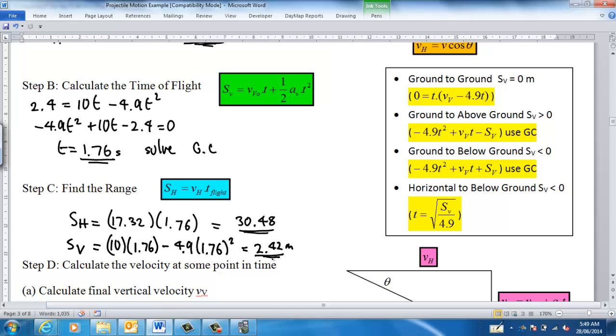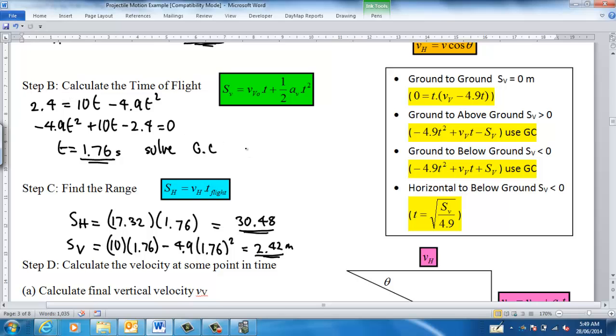So that means that the basketball, or the soccer ball, whatever you're kicking at the target, would have a chance of possibly hitting the target at that particular stage, because the horizontal distance is about right and the vertical height's about right. Anyway, the idea of this is to go through and show you how to do a question. The only real difference between this one and the previous question is our initial height.